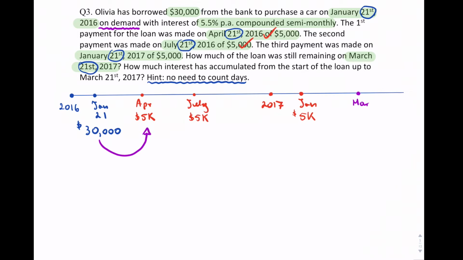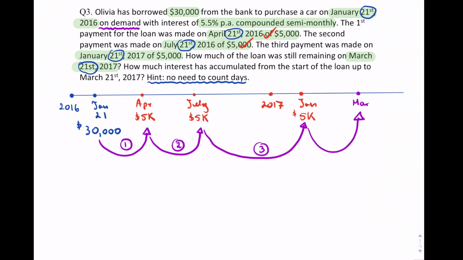We'll move it here first, pay off the 5,000, then move it here, pay off another 5,000. Move it here, pay off another, and then finally we can move it there. That'll be our fourth one. Then we'll know how much is still remaining. It's annoying, but let's do it.